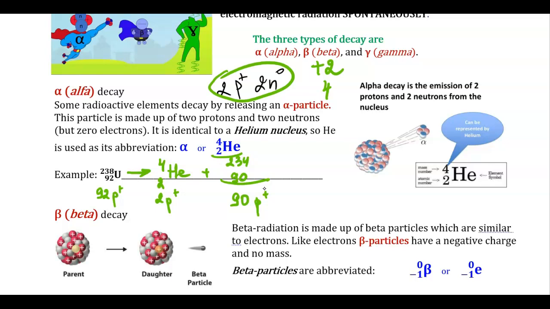I'm going to find the element with atomic number 90. At the last row, 90 is thorium, the element thorium. So this is the example of alpha decay.